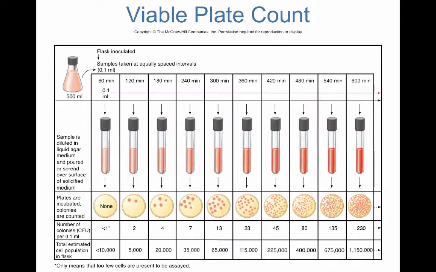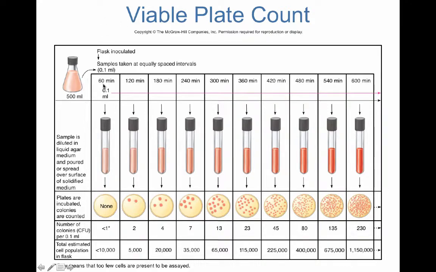Now you can actually calculate the generation time by doing a viable plate count. So what you would do here is take an inoculated flask. You have a flask of sterile media, you inoculate it with a few bacterial cells, and then you track it over time.